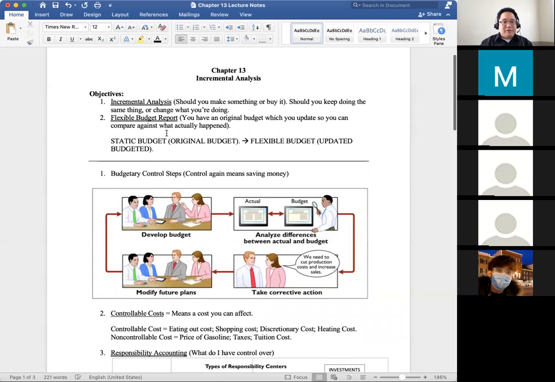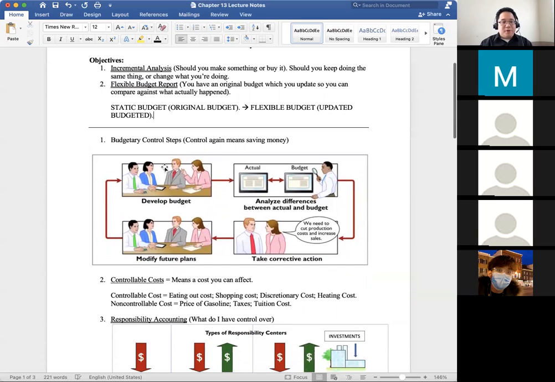What these two things have in common is that these are part of what we call the budgetary control process. Okay? Control means how to save money or how to optimize the profits of a company. If you are producing a product, you have to think about financially, is it better for me to make the product myself or should I go out and buy it? That's a financial decision or a managerial accounting decision.